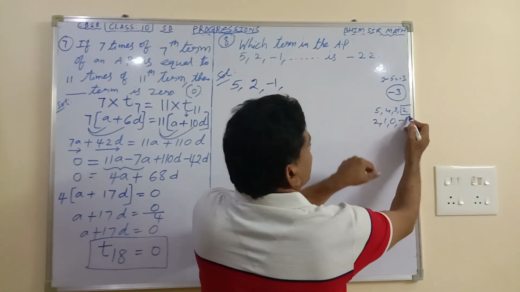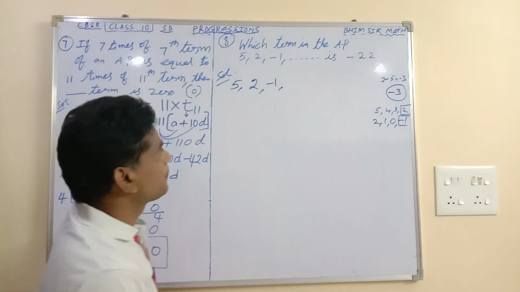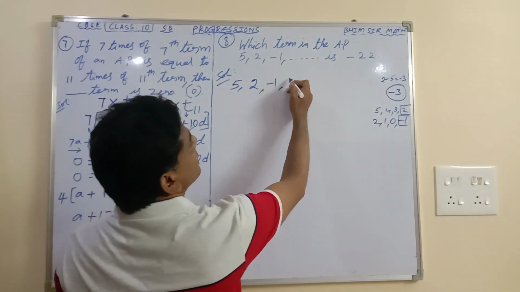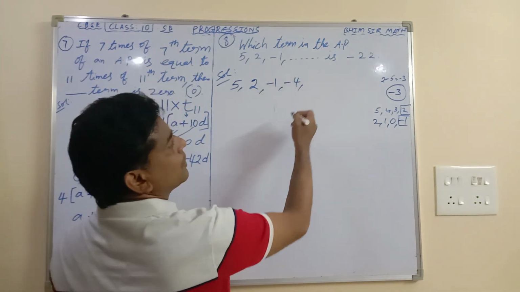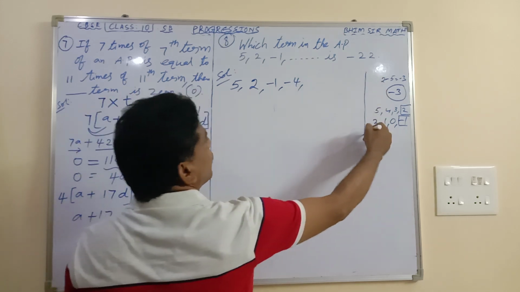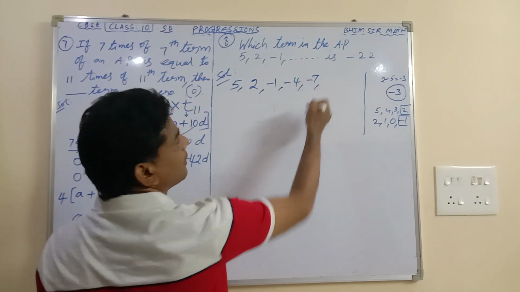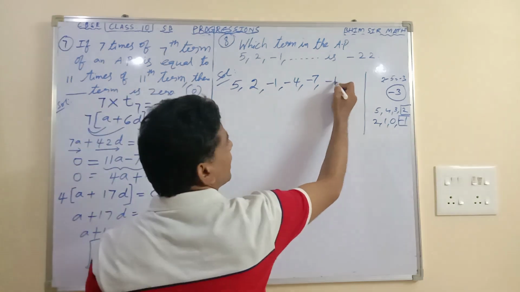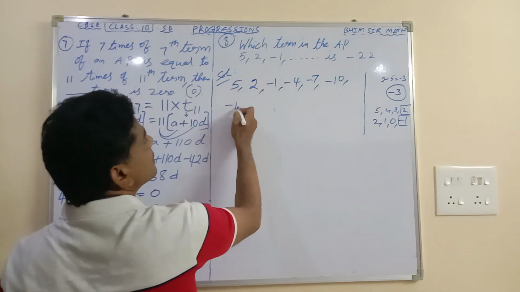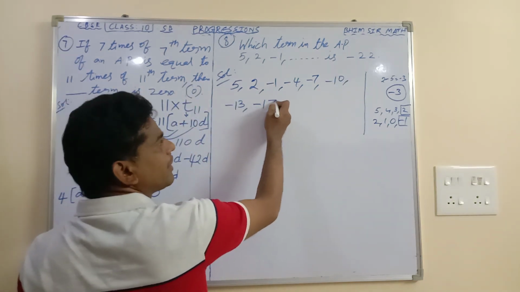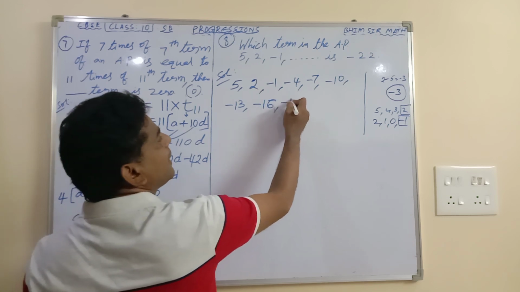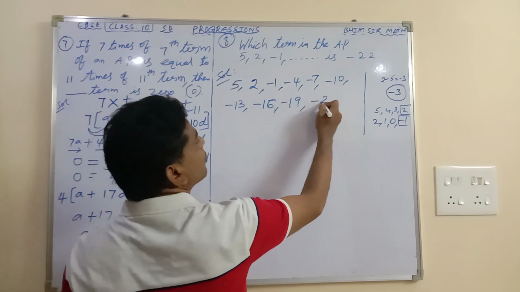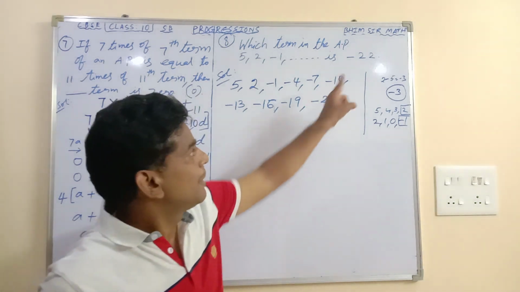2, 1, 0, 2 decreased, 3 decreased, minus 1 written. Similarly, after minus 1 you will get minus 4. After minus 4 you will get minus 7, minus 10, minus 13, minus 16, minus 19, minus 22. Yes, got it.